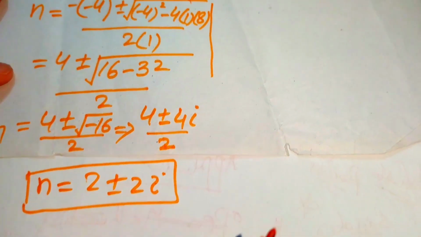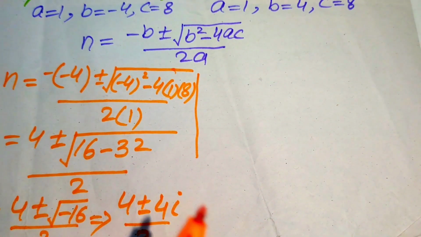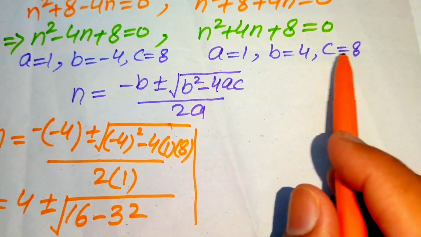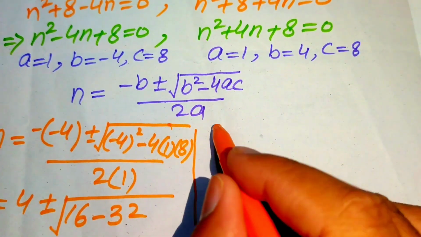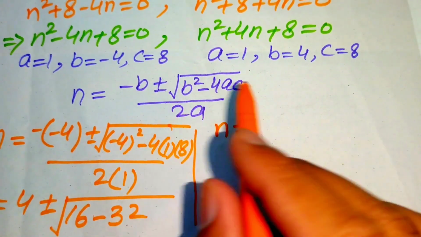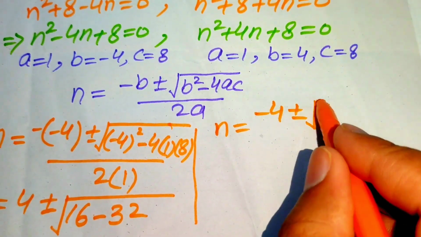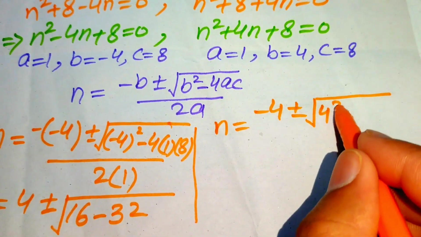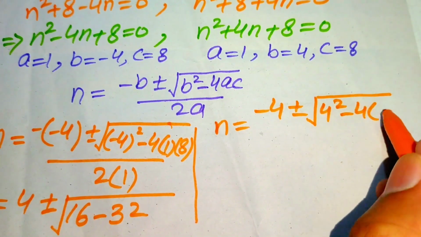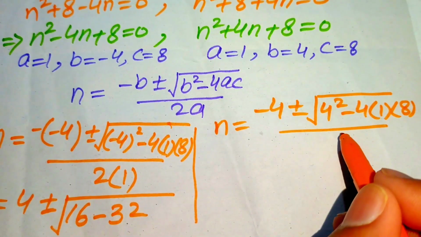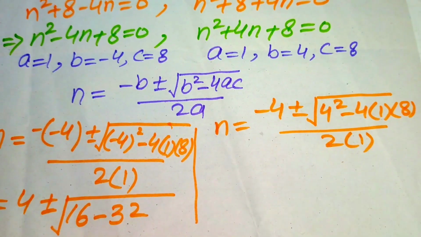And now we solve our second case. In the second case we substitute these values of a, b, c in this formula, and we get n equals minus b, and our b is 4, plus minus square root of b square. So b is 4 square minus 4 times a, which is 1, and c is 8, and this whole divided by 2 times a.